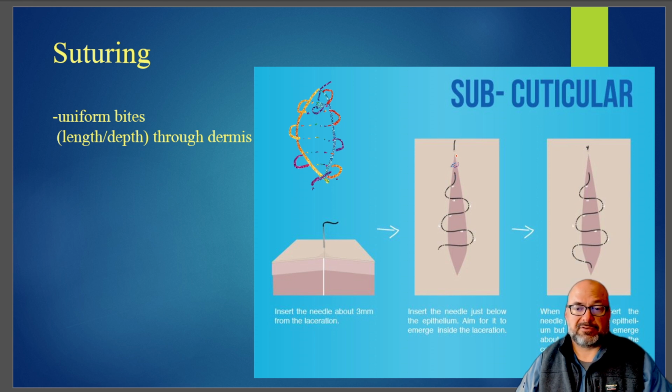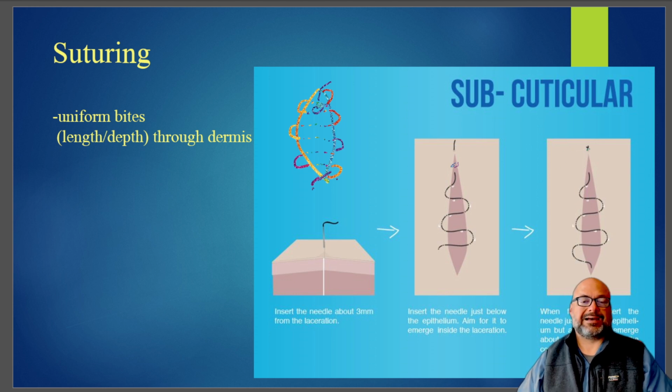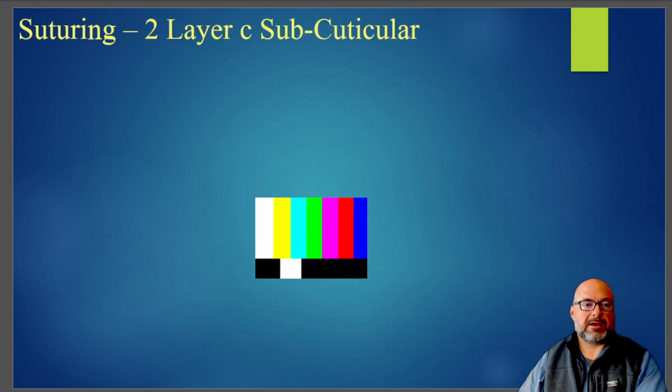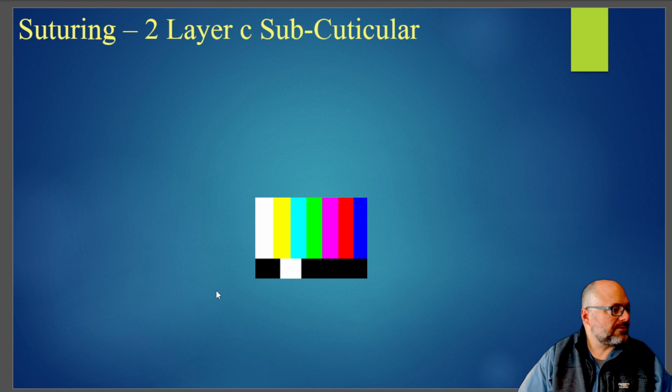Some folks don't tie knots, but just leave it pulled through the tissue and steri-stripped in place. Some folks will do a little knot above the skin. Lots and lots of different ways to do it. Let's take a quick look here. This is just a quick and dirty two-layer closure of subcutaneous space and then a subcuticular.